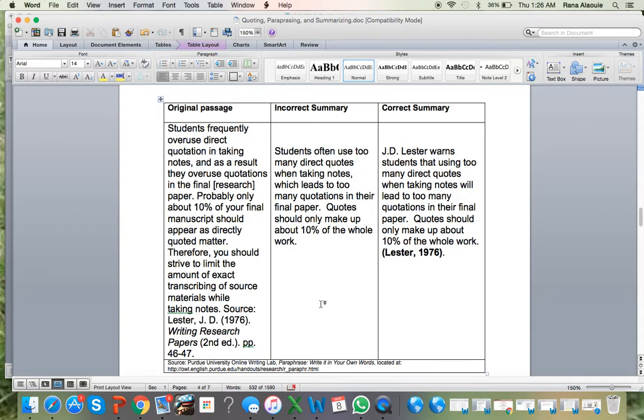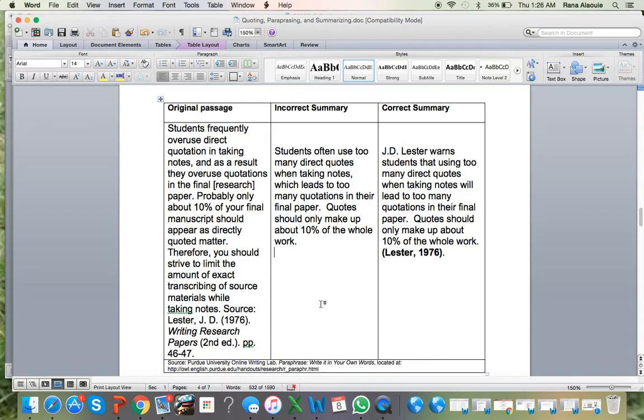So if you look at the correct summary, J.D. Lester warns students that using too many direct quotes when taking notes will lead to too many quotations in their final paper. Quotes should only make up about 10% of the whole work. So the incorrect summary basically didn't have the citation.